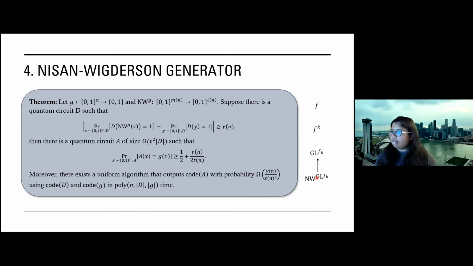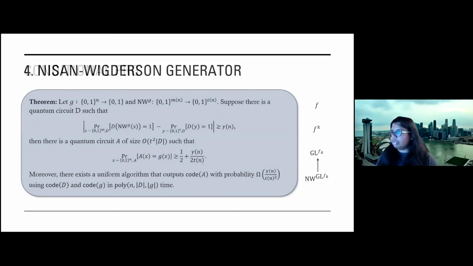The proof follows the classical idea, and there's not much intuition in it. The main idea is that if you have a distinguisher, you can guess some index i of the output. And our goal is to somehow sneak in this question x into that index i so that we can predict it with high probability.